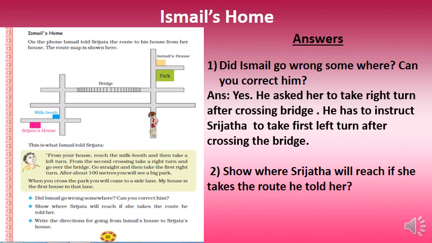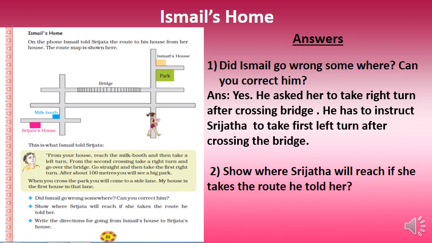He asked her to take a right turn after crossing the bridge. But he has to instruct Srijata to take the first left turn after crossing the bridge. So he made the mistake here. Instead of saying take a left turn, he said take a right turn.